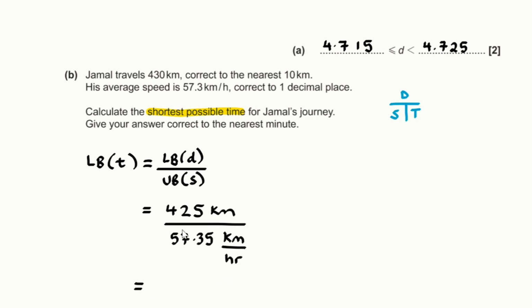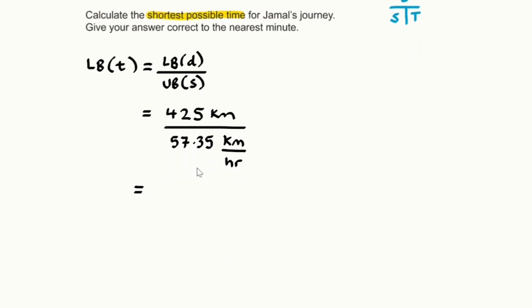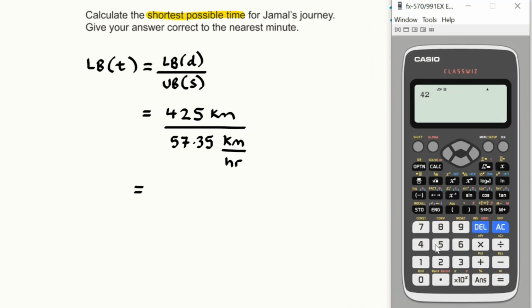So if I work out what the time is, we have 425 divided by 57.35. We have 7.416 hours.